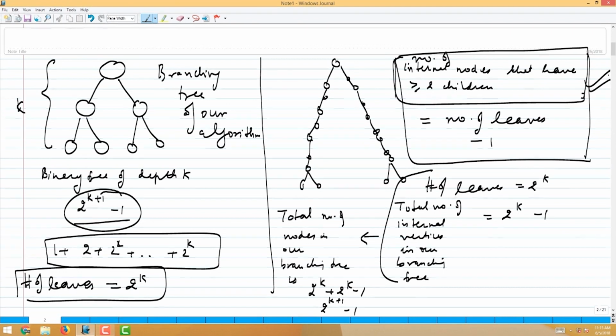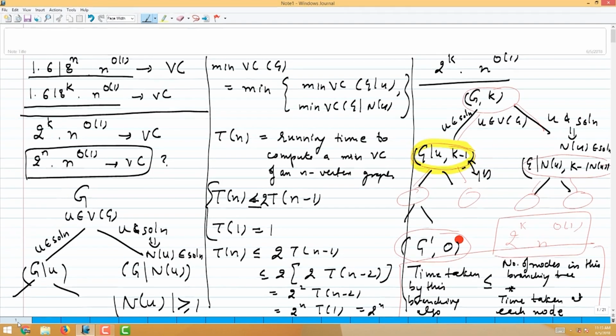Why are we doing all this? Because we want to bound the total number of vertices in the branching tree to get an upper bound on the running time of the branching algorithm. So this was some tree stuff. Coming back to the branching algorithm, we designed a 2^k algorithm here, again in the same spirit as the 2^n algorithm that we saw.